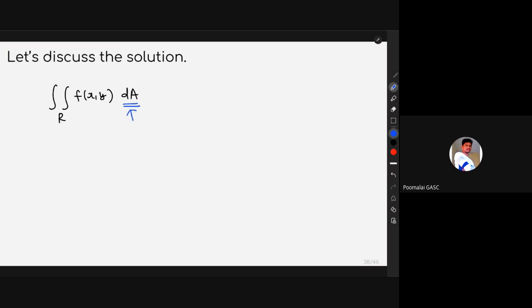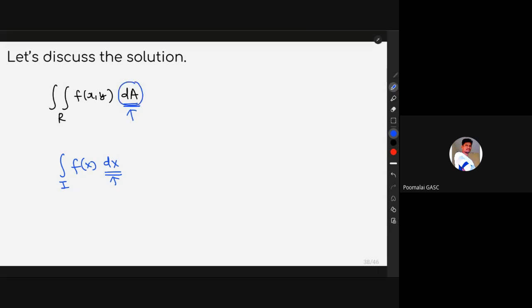What do we mean by infinitesimal area? Let's recall, when you have a one variable function, you have dx there, over some interval. And what was dx? dx was the infinitesimal, very small interval of your real line.